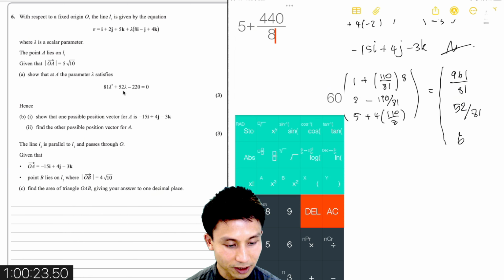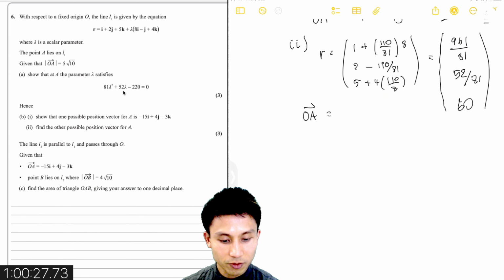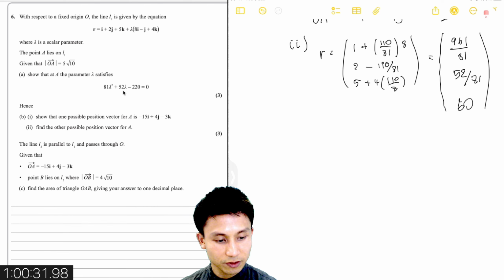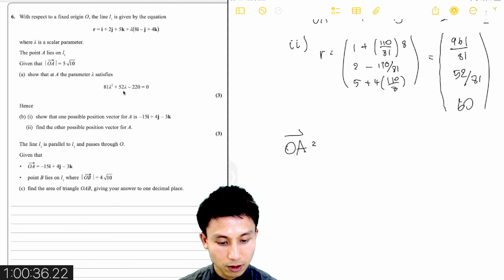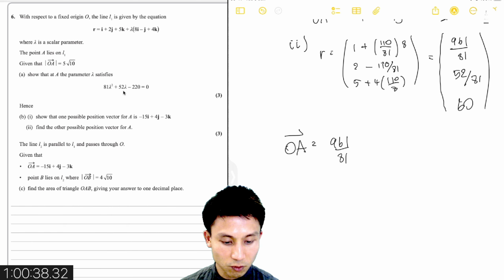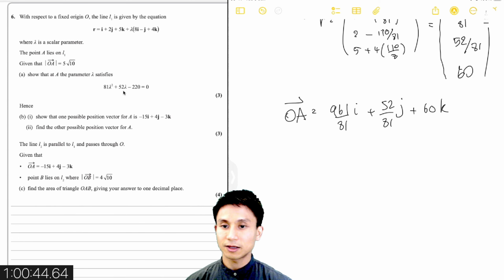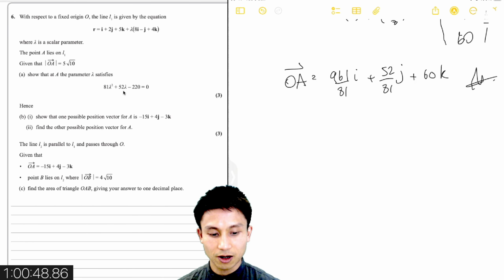That is just 60. So our OA would be, let's move that down a bit. So 961 over 81 i plus 52 over 81 j plus 60k. Yeah, that's another answer for r or OA.